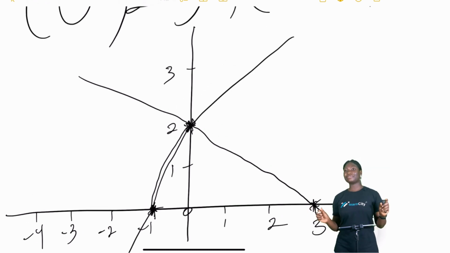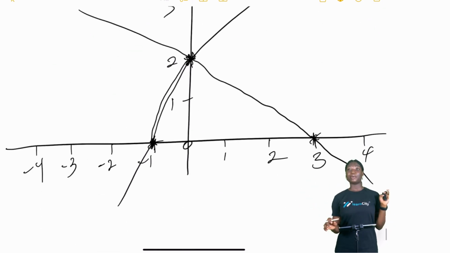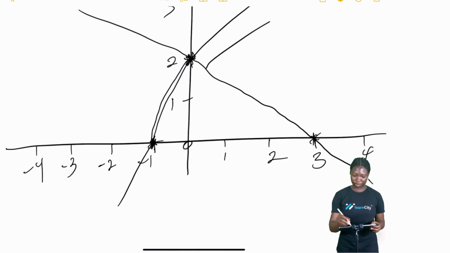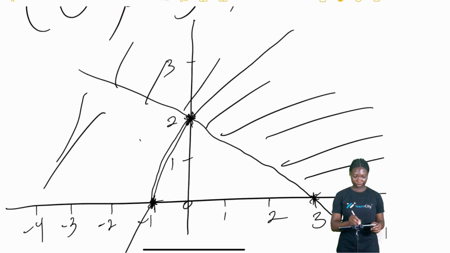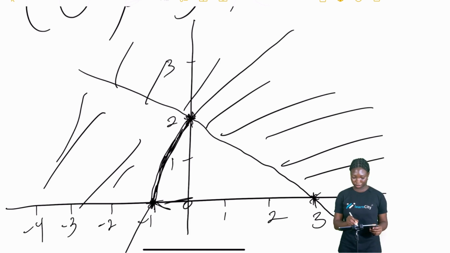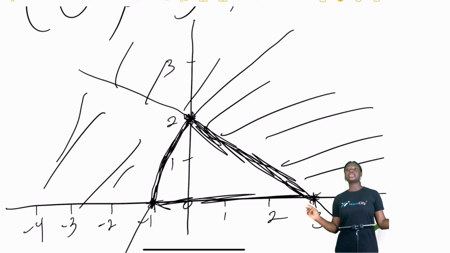So we have this. Now it is important to note that the solutions are contained in the unshaded part, where we shade this part away. So this part contains the solution.